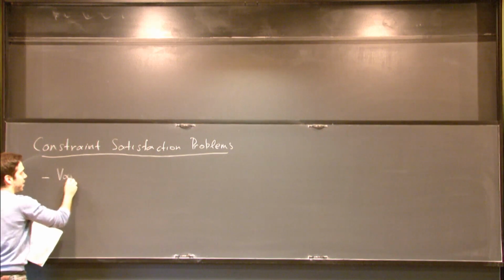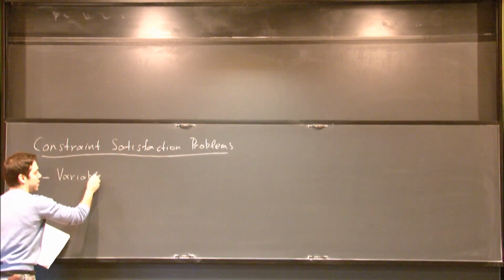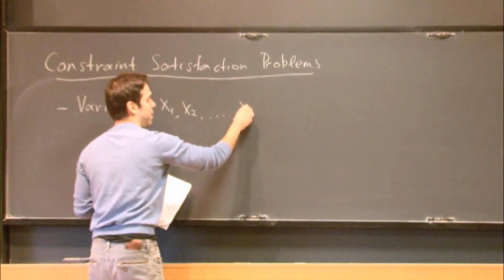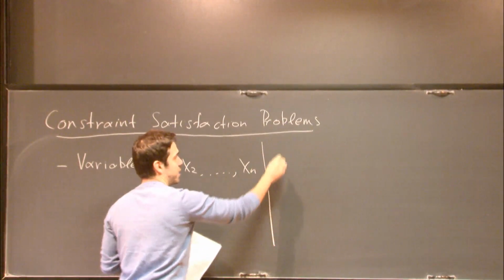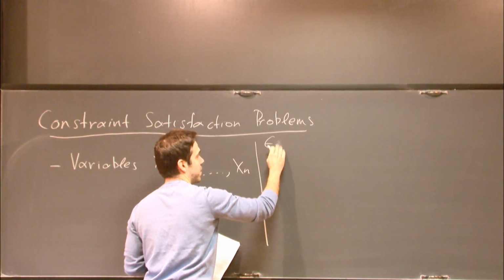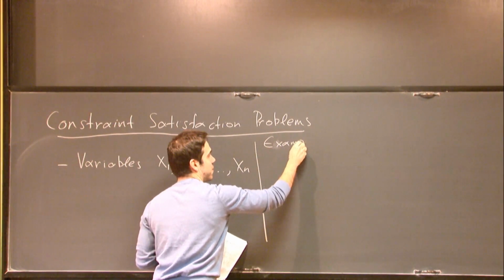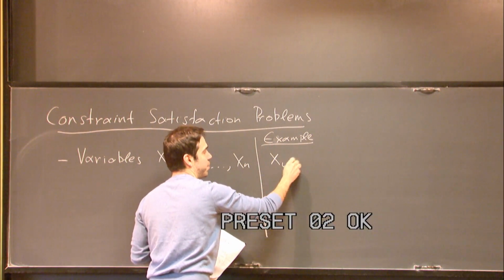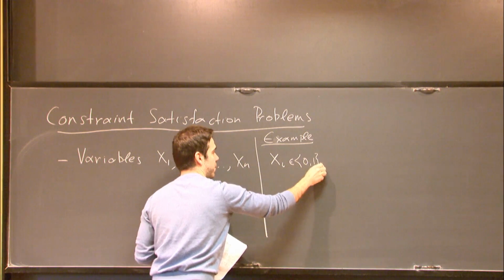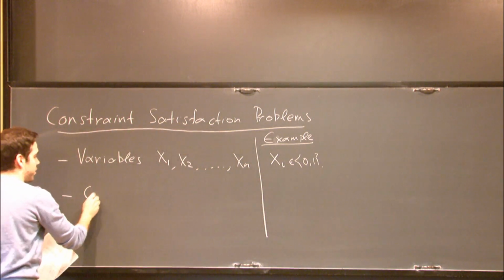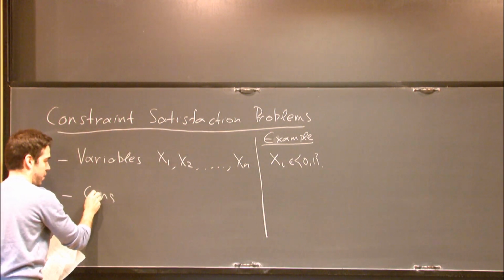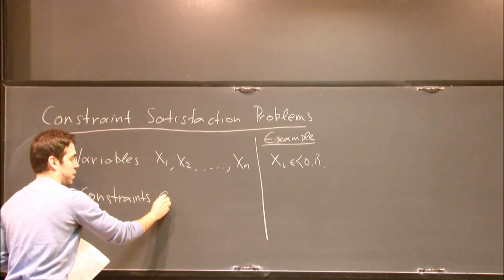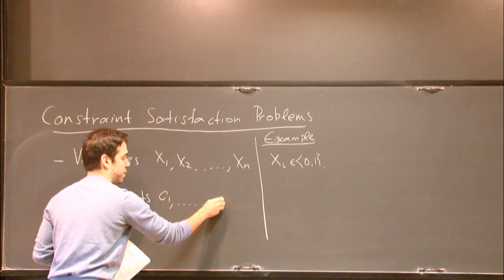So the input is a set of variables. Let's say x1, x2 to xn. Okay, so for example, our variables could be Boolean. And we also have a set of constraints, C1 to Cm.